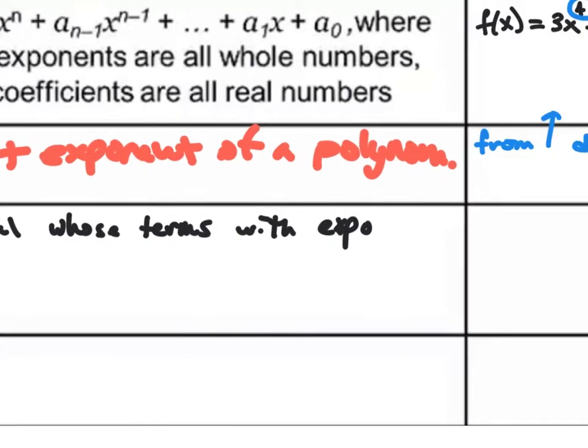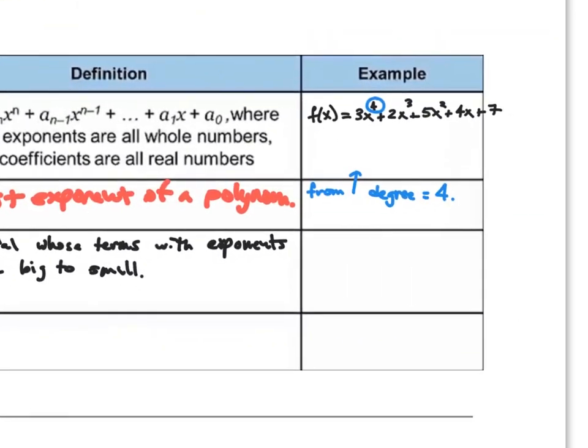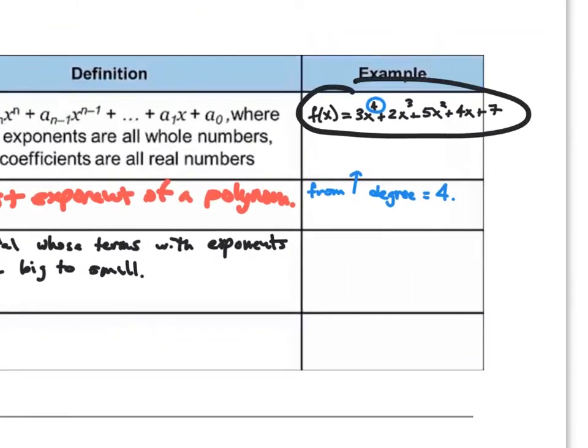Exponents go from big to small. Okay. And I'm just going to say here that this is in standard form. And remember that's when the exponents go from big to small.